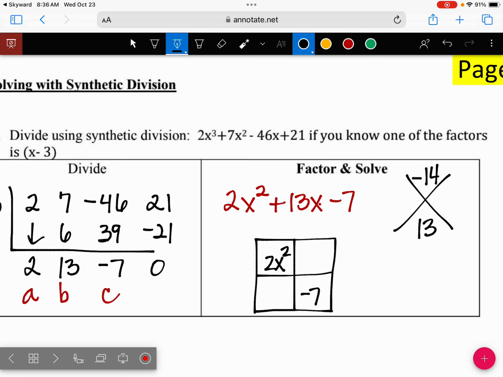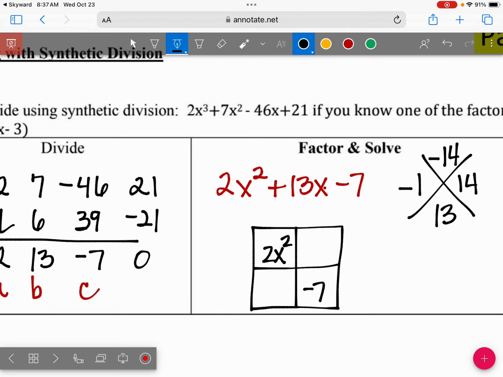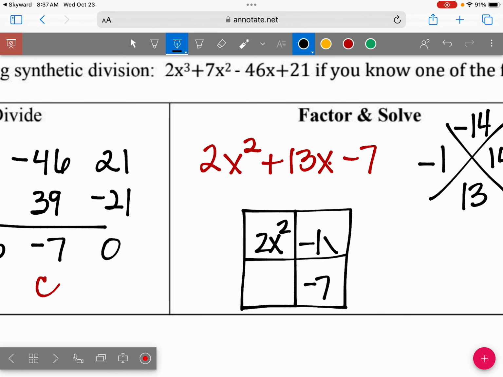So which one do you think we're using? 1 and 14 or 2 and 7? Yeah, 1 and 14. Which one is negative, the 1 or the 14? Oof, I don't think the 14 negative. The 1, because it has to add to be positive. All right, let's go ahead and put those here. Take a minute, see if you can find out your GCFs. I'm not gonna break it down this time.